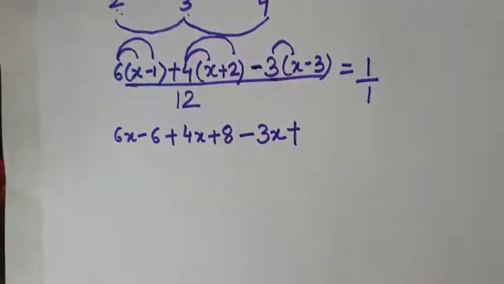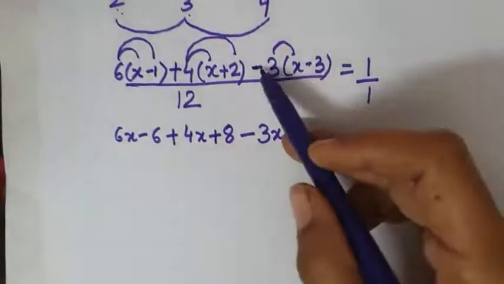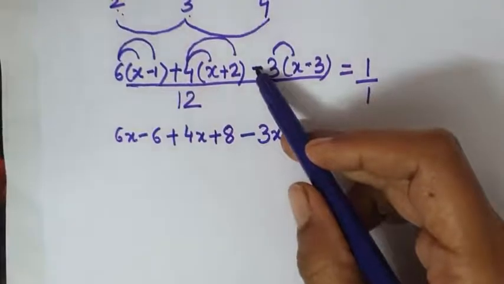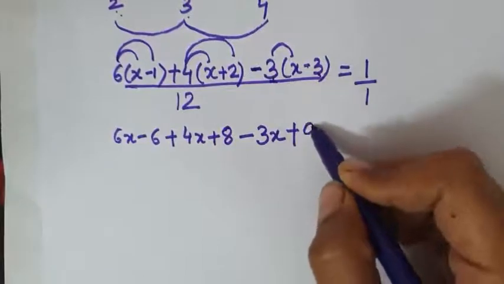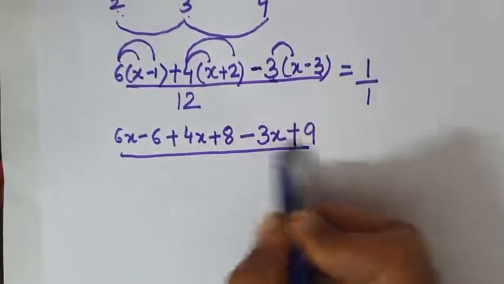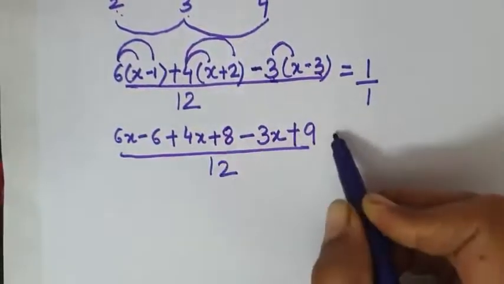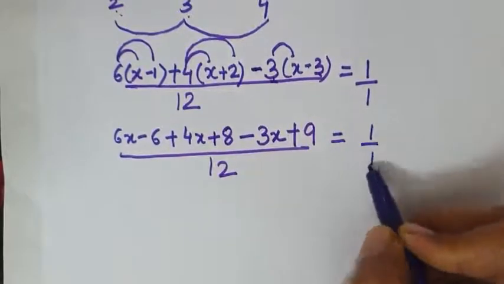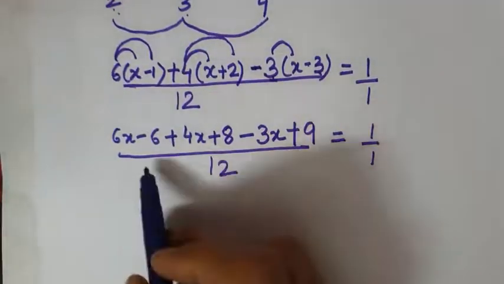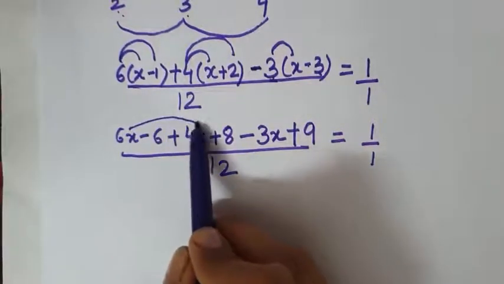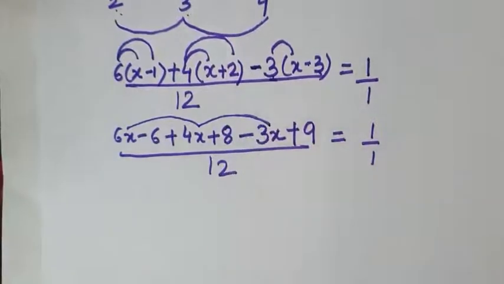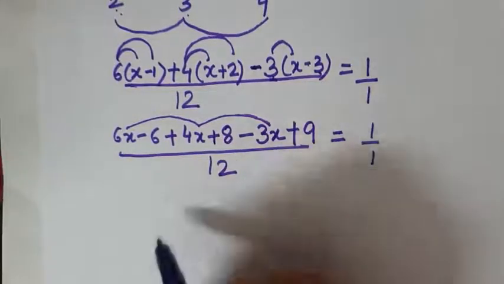Don't forget to change the sign if there is negative sign outside the bracket. Now 3 into 3 is 9 upon 12 will remain same, is equals to 1 upon 1. Now see the like terms, 6x, 4x, minus 3x. 6x plus 4x is 10x. 10x minus 3x is 7x.